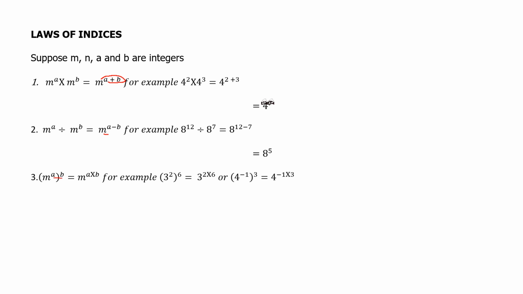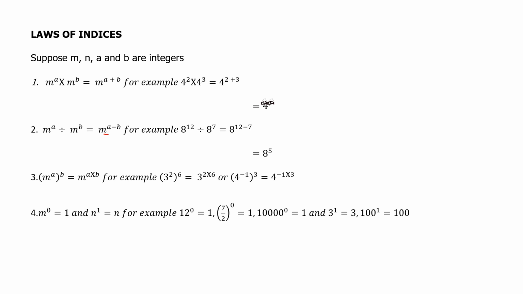For example, if I have 3 power 2, then brackets power 6, when I remove the bracket, the 2 has to multiply the 6 to have 3 power 12. Or if outside the bracket we have negative 1, when I remove the bracket, the negative 1 has to multiply the 3 right there.